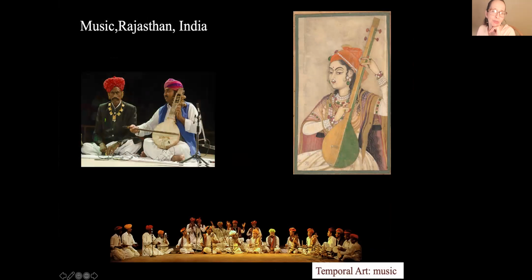And then going back to music and Western India and Rajasthan, you might remember from part 1 when I talked about painting. In part 1 of this class, we were looking at a painting of Krishna and a woman below, in the introductory terms, who was playing a sitar. And here we see contemporary musical collaborations in Rajasthan in India.